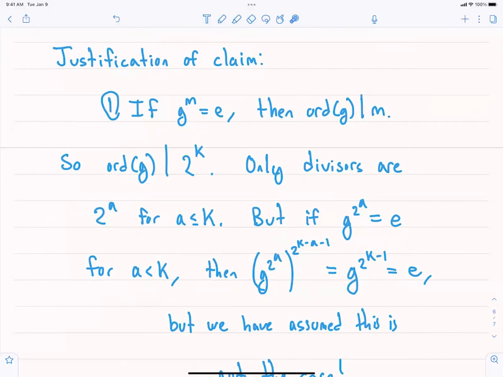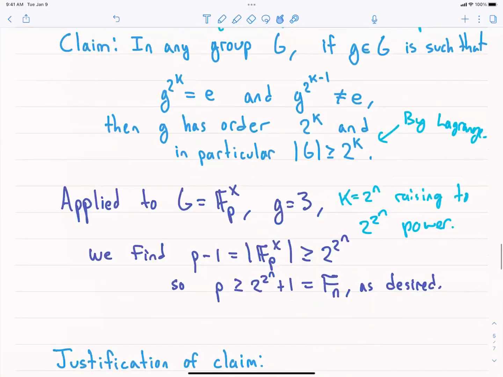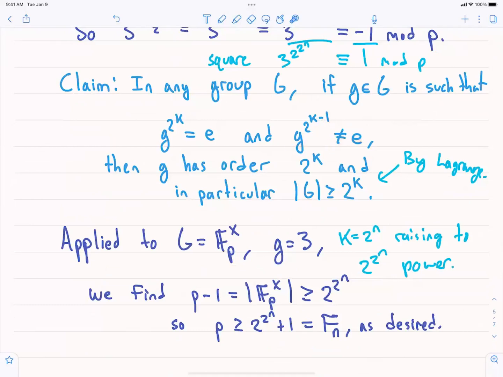Okay, that's a whole lot, but if you simplify this by multiplying in the interior exponent, that just gives you g to the 2 to the k minus 1, which is the identity element because this thing is just e to the 2 to the k minus a minus 1. And if I raise the identity element to any power, I just get the identity element. So that tells me that g to the 2 to the k minus 1 is the identity element. But we have assumed that's not the case. I mean, that was the other part of the claim, that this smaller power was not the identity element.